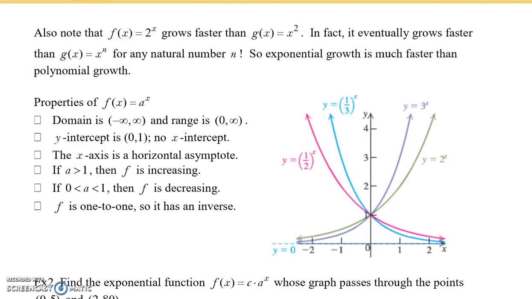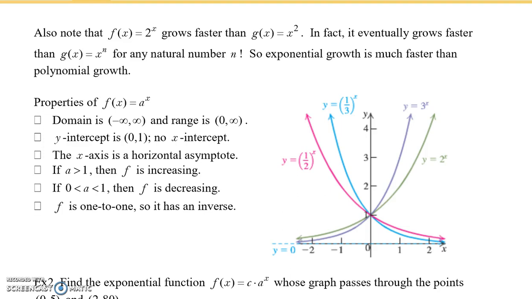The range is 0 to infinity, not including 0. And you can see the range is illustrated in the fact that the graph remains above the x-axis for all values of x. The y-intercept is always 0, 1, and there is no x-intercept. The y-intercept is 0, 1 because for any base a, a to the 0 is equal to 1.